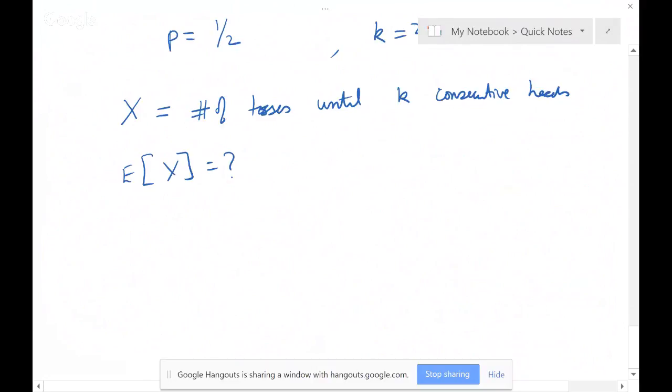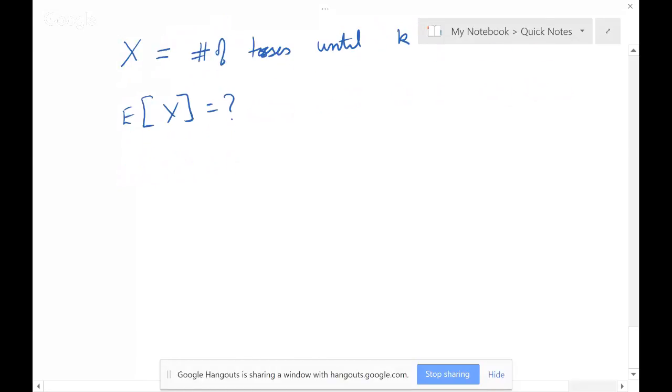But can we use linearity of expectation somehow? No, probably not. For example, let's say that I toss 1 coin and it's not heads. Then I need the expected number more to see it. Okay, all right.